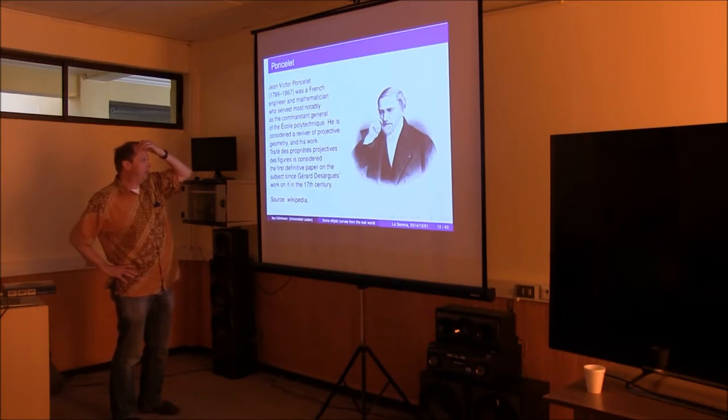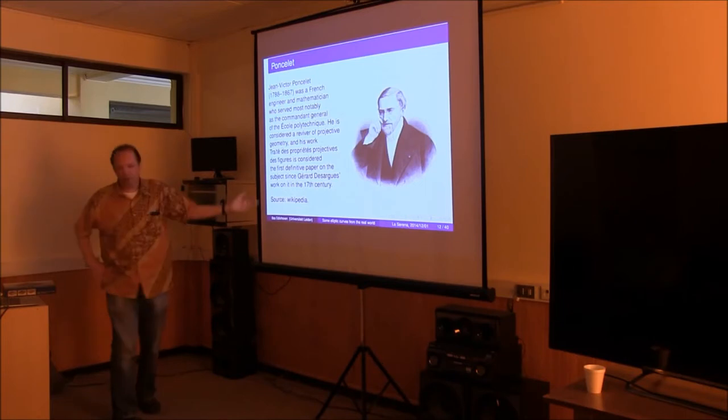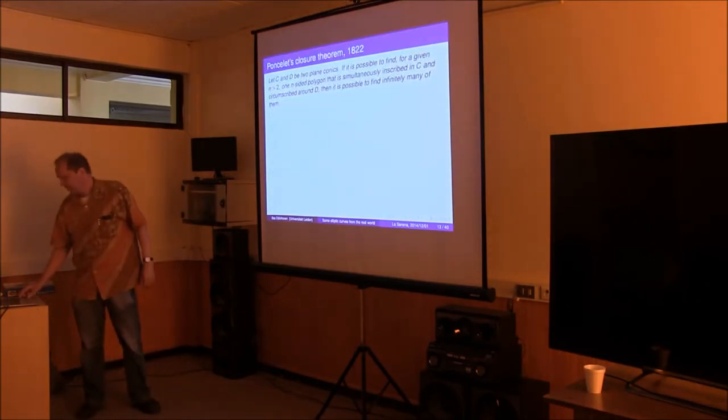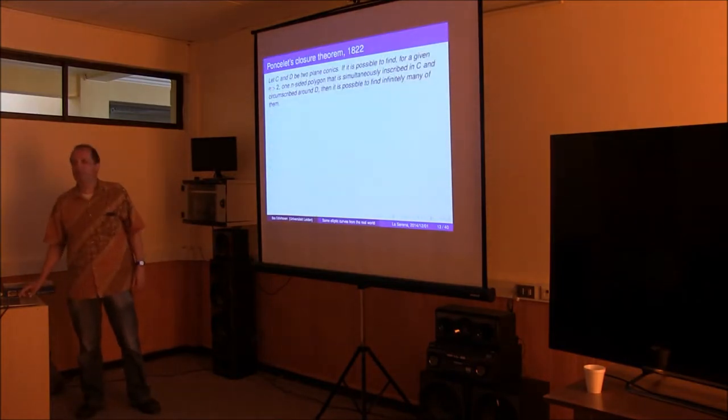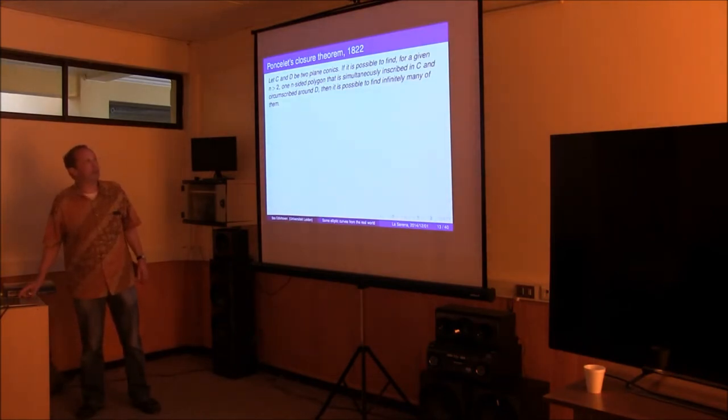He worked on projective geometry, and I got that from Wikipedia, but let's look at what he did. So he has a theorem that can be proved by elliptic curves, and you don't see the elliptic curves. Here is the theorem.